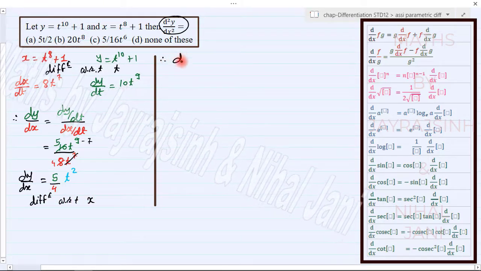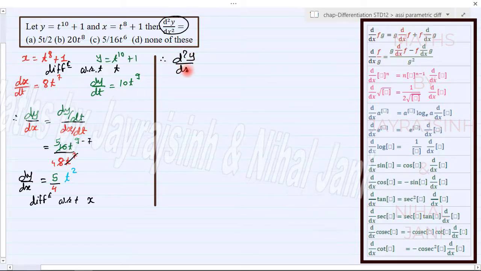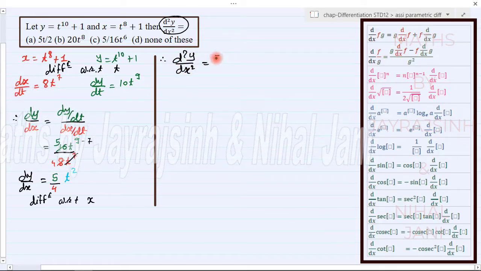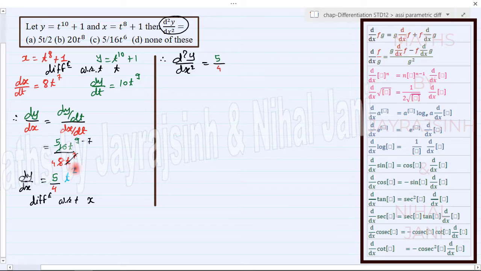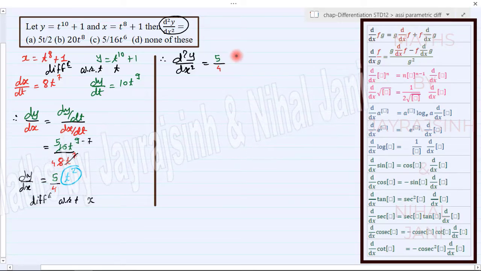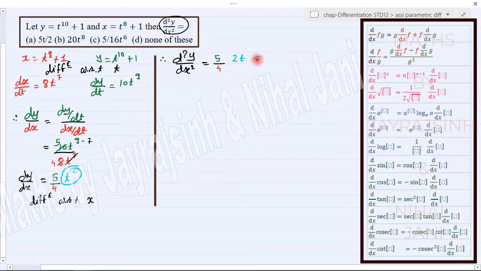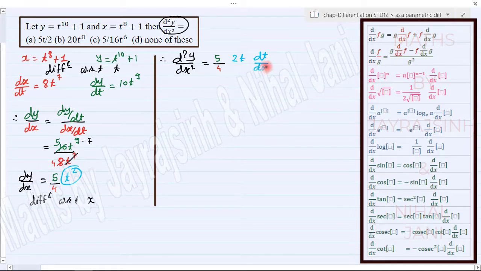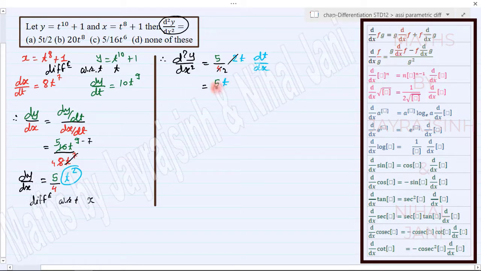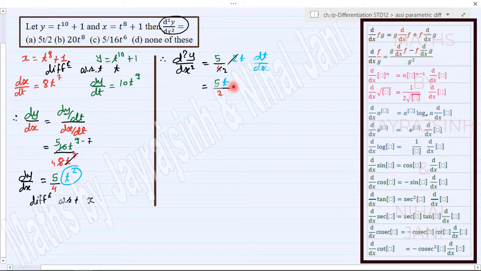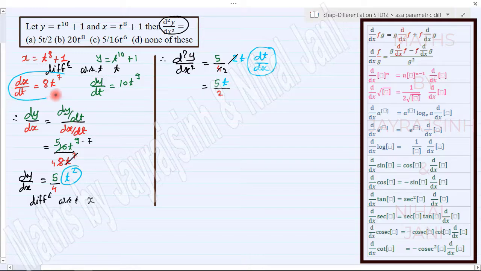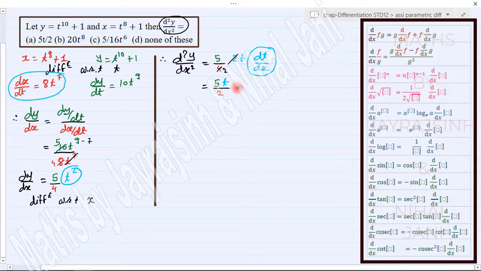So we will get d square y by dx square is equal to, this 5 by 4 is constant, the differentiation of t square will be 2t into dt by dx. 5t upon 2 will be as it is. Now we have to substitute the value of dt by dx, which is actually the reciprocal of dx by dt.